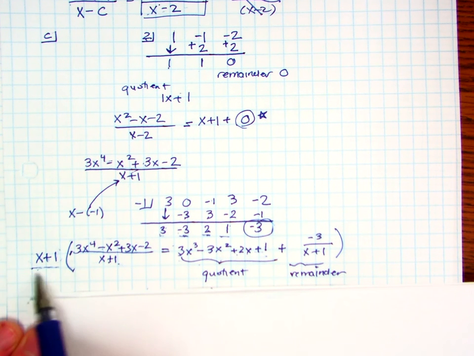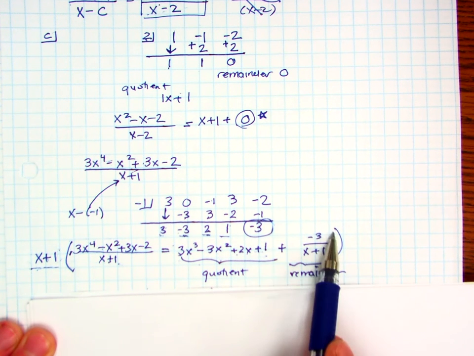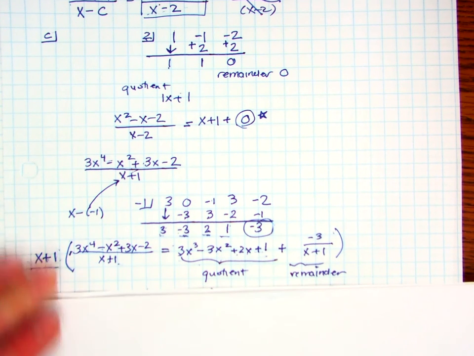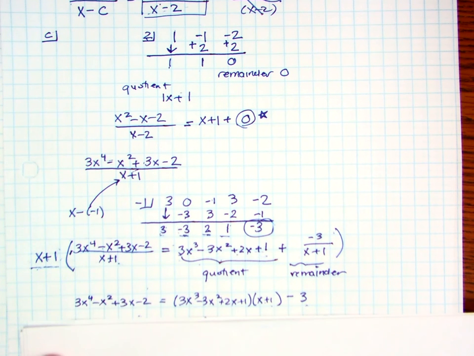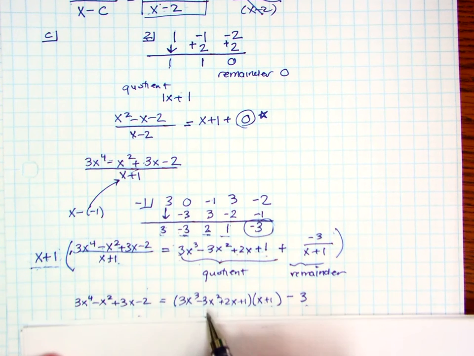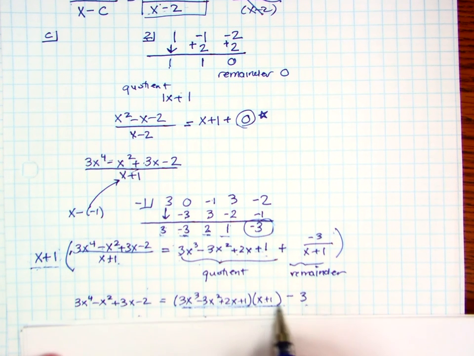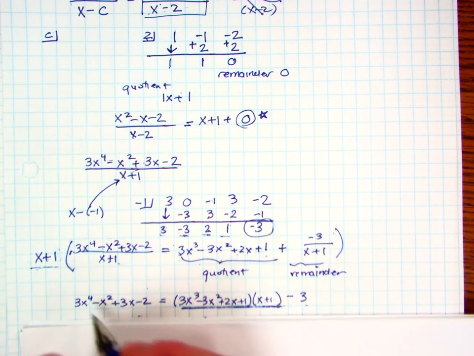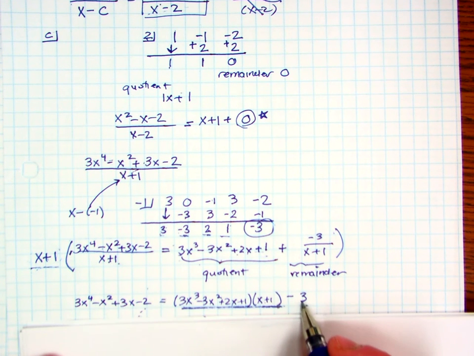And then lastly, I would multiply this by the remainder, and the x plus 1's would cancel. So what we would end up with is that this polynomial we had in the numerator is equal to the product of these two polynomials, and will be so close to this that we'll just need to subtract 3.